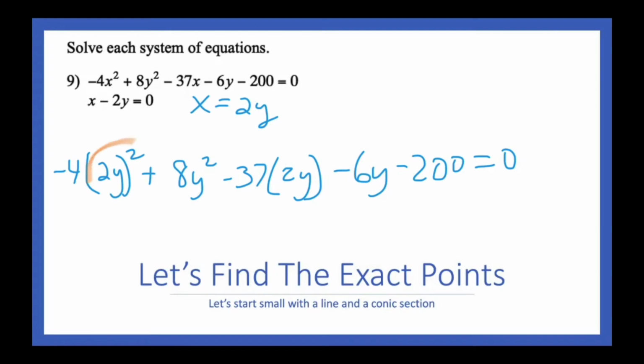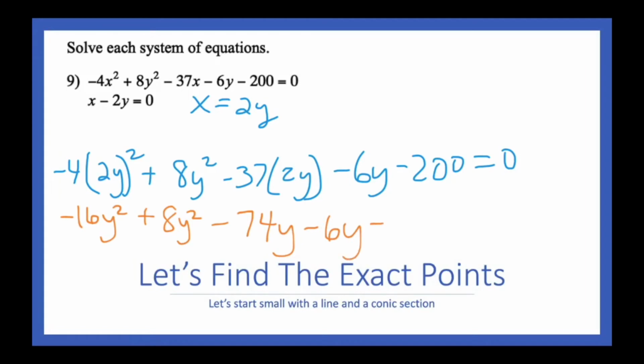This right here is going to become 4y squared, and 4y squared times negative 4 is negative 16y squared, plus 8y squared, minus 37 times 2, 74y, minus 6y minus 200 equals 0. Let's simplify this.